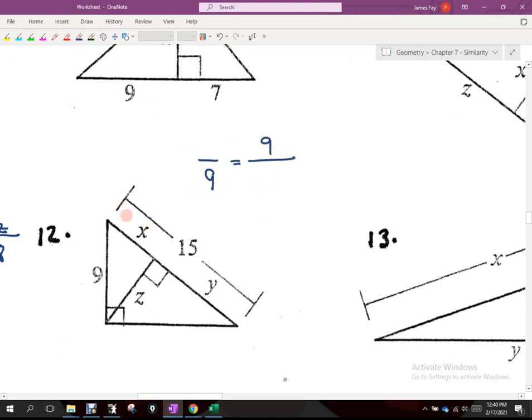Now, it's a geometric mean between the hypotenuse. So what is the hypotenuse here? It'd be x plus y, wouldn't it? So I can write it as x plus y, but what's a better option? 15. Then it's a geometric mean between the hypotenuse and the part of the hypotenuse that is touching the 9. So it'd be x, right?